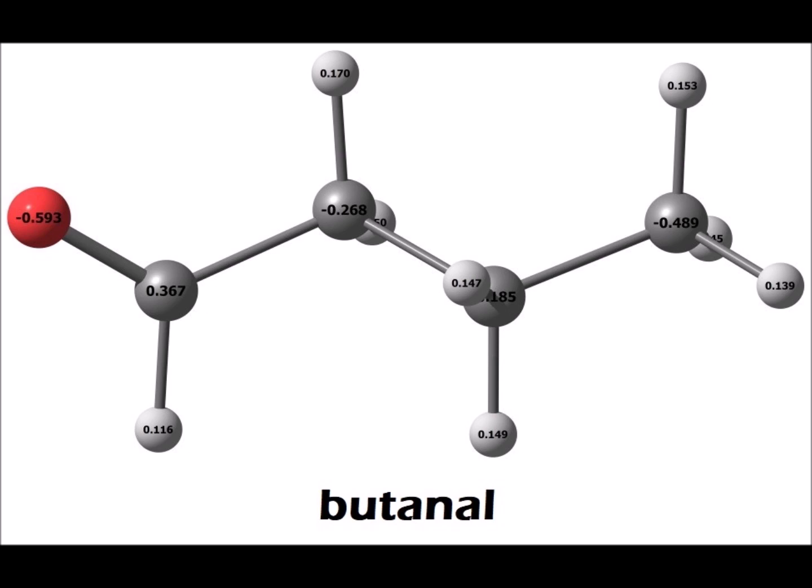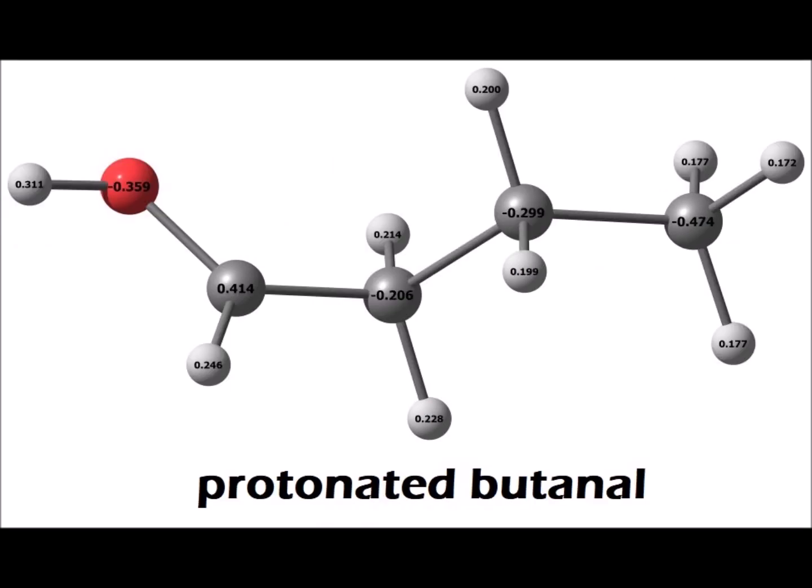Here is butanal, and the partial charge on the carbonyl carbon is 0.367. And for the protonated butanal, the partial charge on the carbonyl carbon is 0.414.